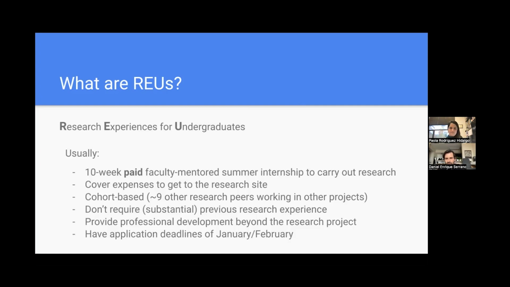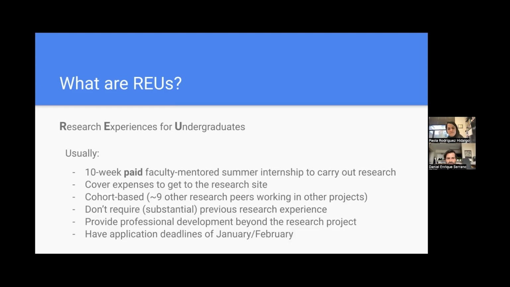So if this opportunity is not taking place locally nearby you, don't worry about it. They will typically pay for you to go there, and also pay for your housing. They usually are cohort based, so you would get to be around about 9 other peers that are working on their own projects, and then interact with each other and share about your experiences during the summer.